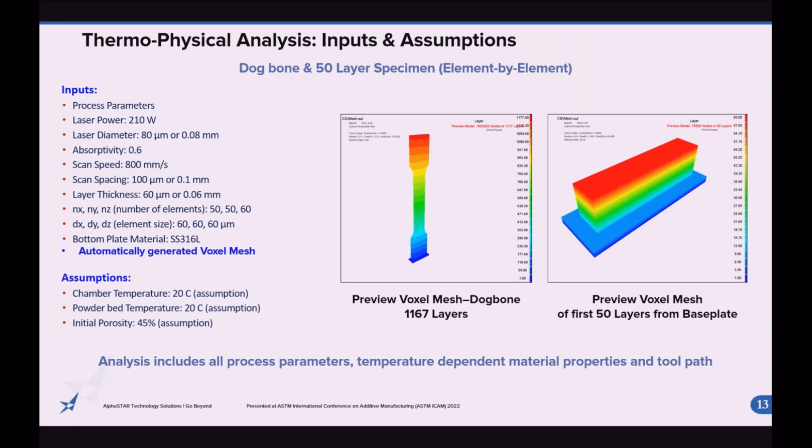You can see on the left-hand side the critical inputs related to this analysis, touching base with things that most people would normally expect: laser power, laser diameter, scan speed, absorptivity, thickness, bottom plate temperature, including bottom plate initial temperature, in addition to the material system, chamber temperature, and initial porosity guesses. And so we were able to undertake this analysis of the various process parameters and use that to determine temperature-dependent material properties as impacted by the build plan and the tool path.